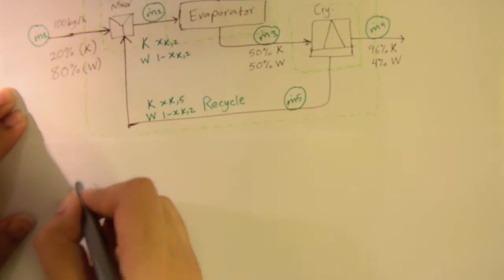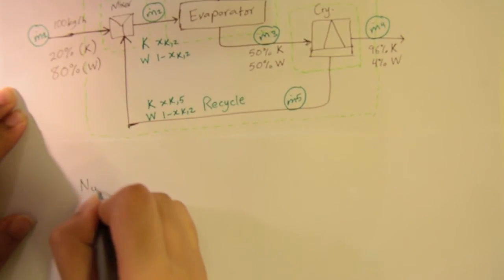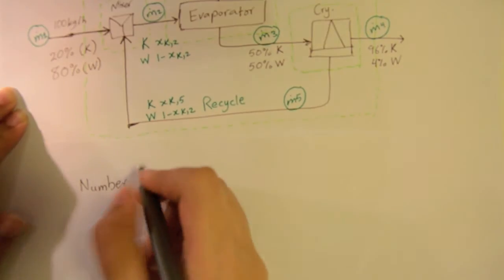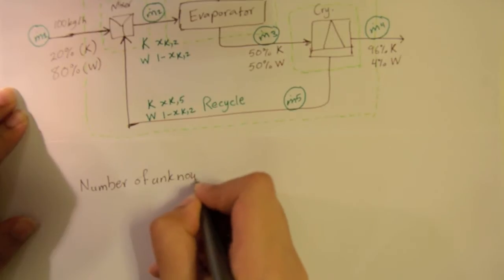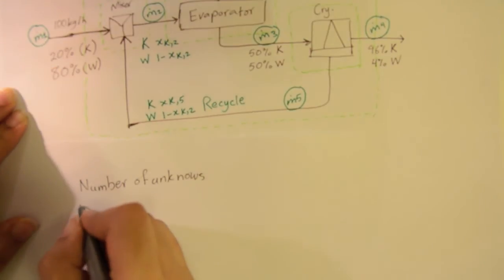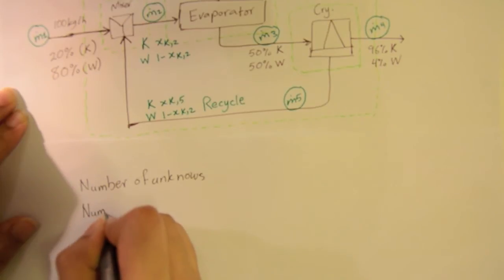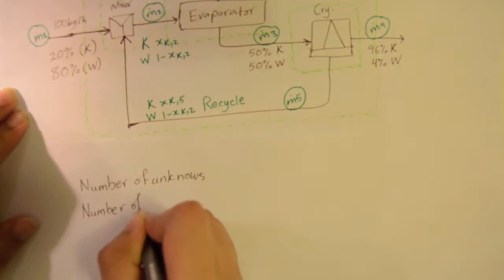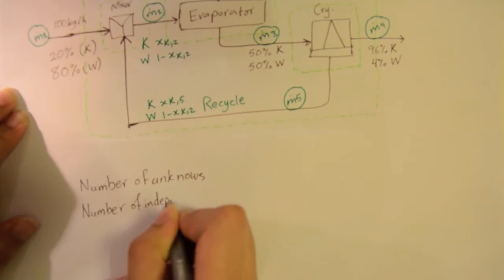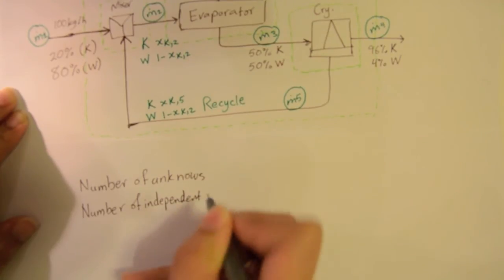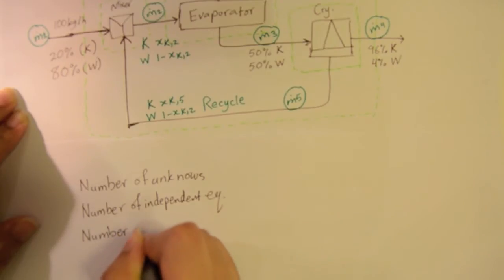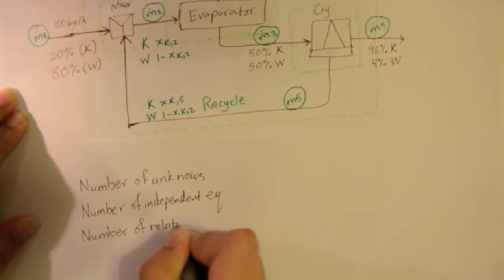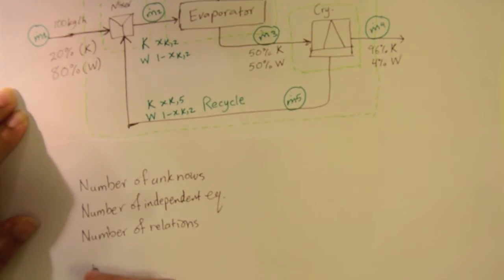We have the number of unknowns, the number of independent equations, and the number of relations we have in each system.